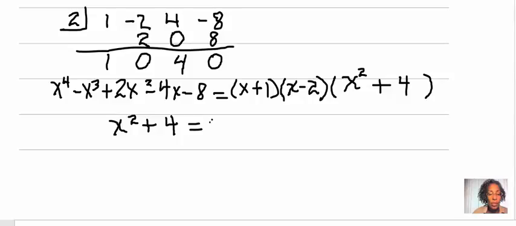So here I'm going to merely use the square root property. So I take x squared plus 4 and set it equal to 0. If I subtract 4 from both sides, I see that x squared equals -4.